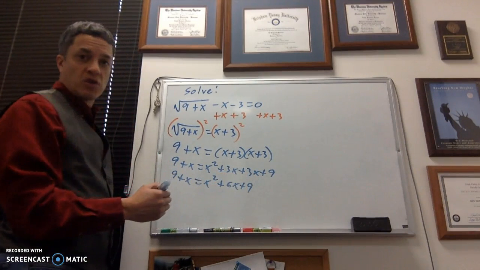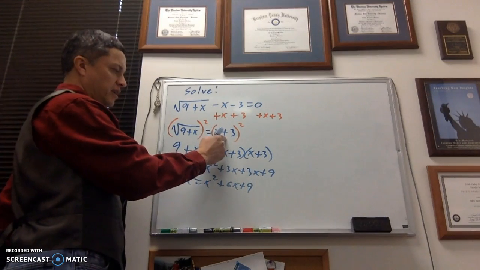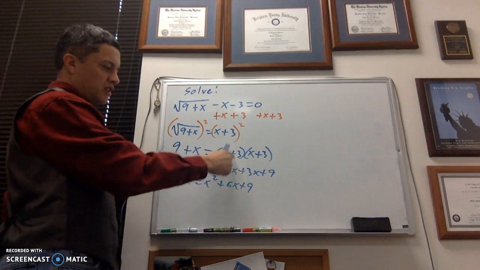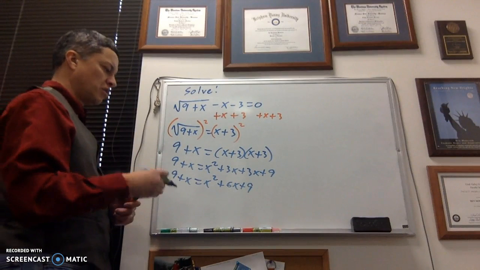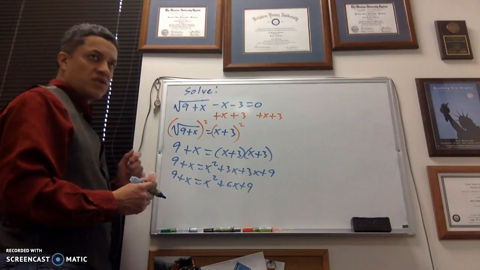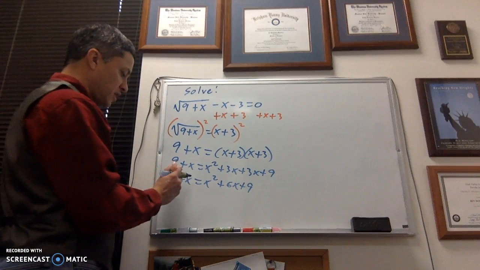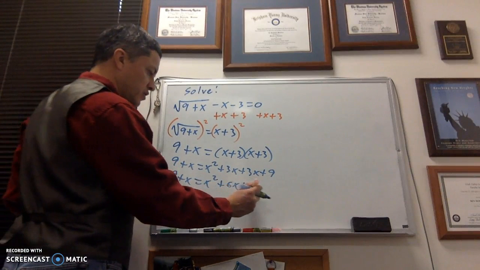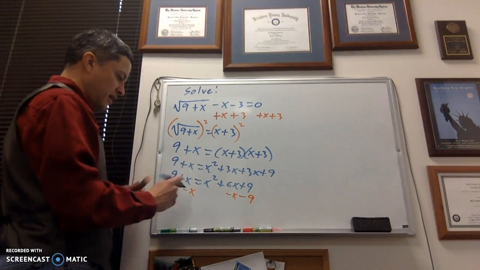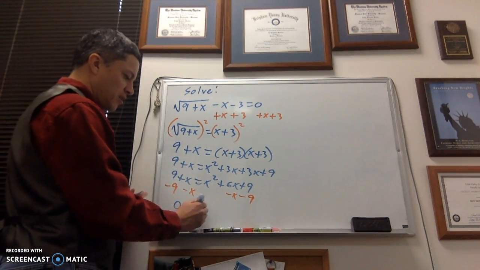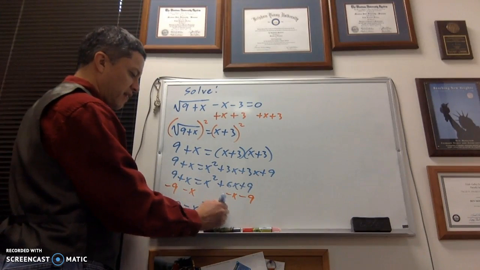Again, if you know the perfect square trinomial formula, you'll be able to go from here straight down to here and skip these 2 intermediate steps, but that's okay. You don't have to. It just makes it go a little faster. I need to use the zero product rule now to solve this. So I'm going to subtract 9 from both sides, subtract an x from both sides. That'll put us at 0 equaling x squared plus 5x.